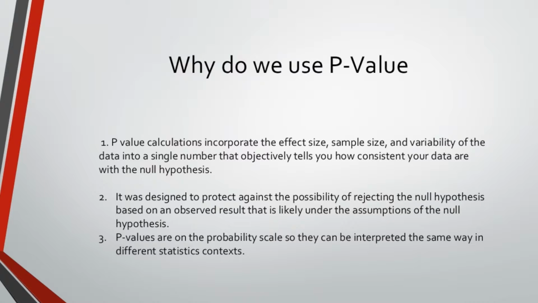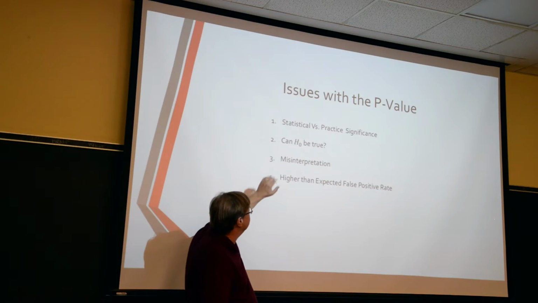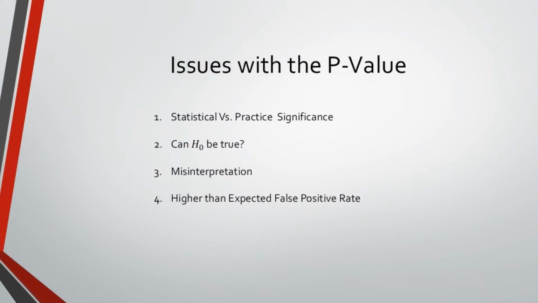Okay, so that does all those great things, and my pictures seem to be saying that it worked in my simulation. What's the problem? Here are some issues with the p-value. The first one is discussed in lots and lots of statistics classes; typically any statistics book will mention this: there's a difference between statistical and practical significance. Then there's the idea that we're assuming the null hypothesis is true, and in lots of contexts maybe that doesn't really make sense.